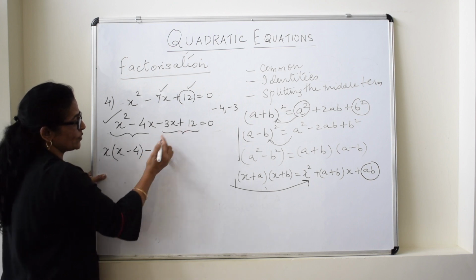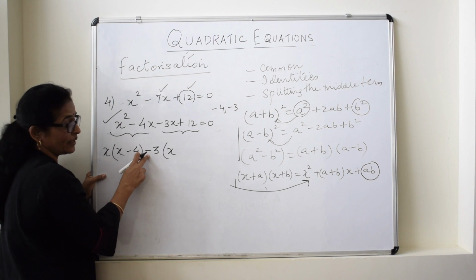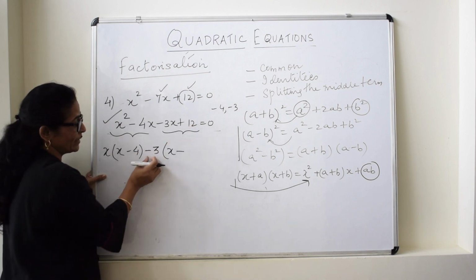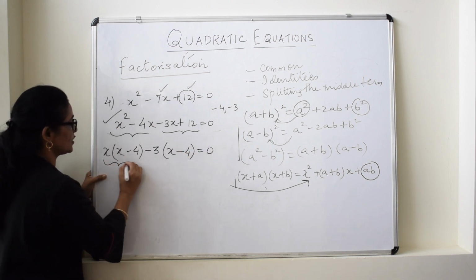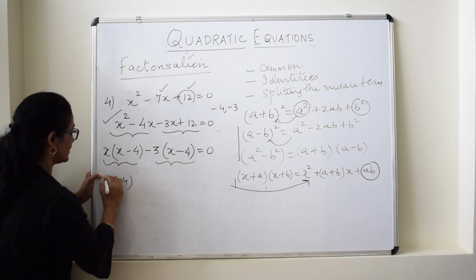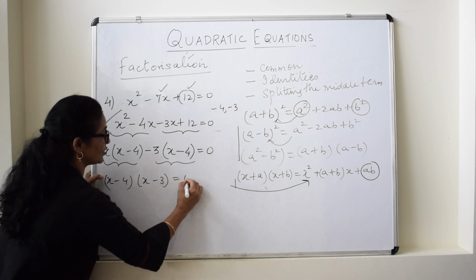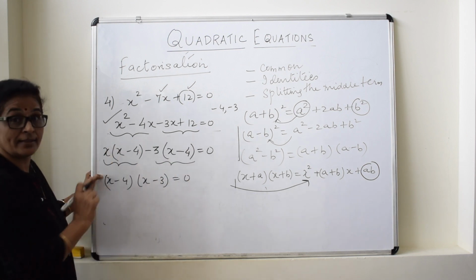And from 3x and 12, 3 is common. From this plus sign, one minus is gone out, so the left out is the minus sign. From 12, minus 3 is gone, so minus 4 is left out. Now from these two terms and from these two terms, x minus 4 is common. This x is left out and from here 3 is left out. Again we are reaching the same result we had earlier with the help of the identity.